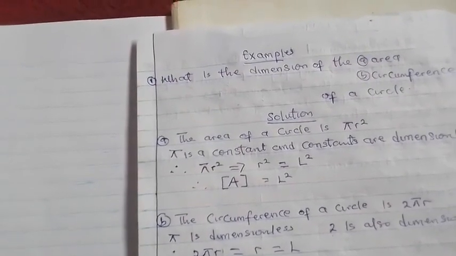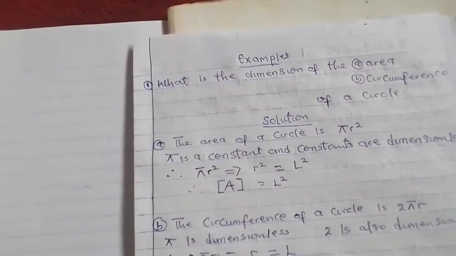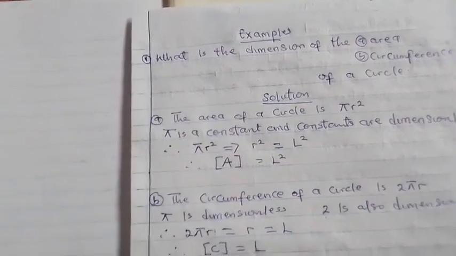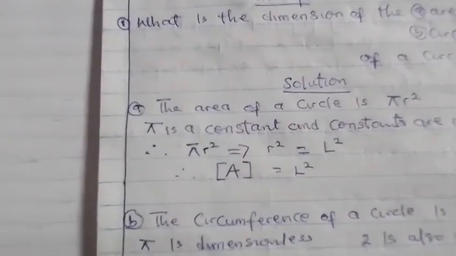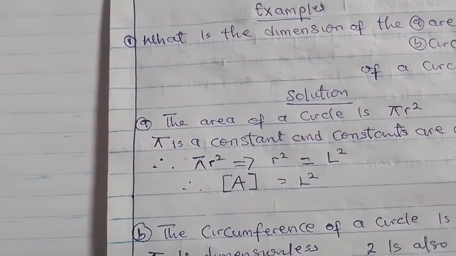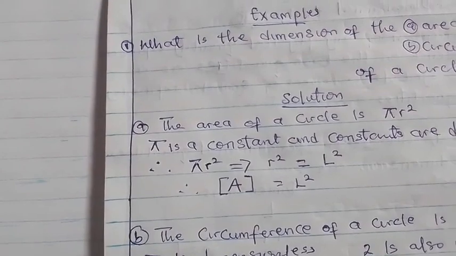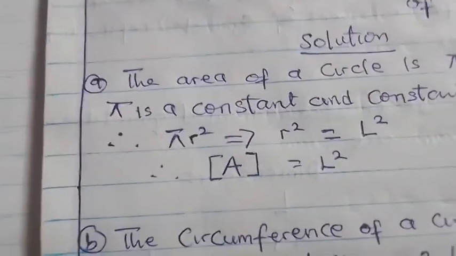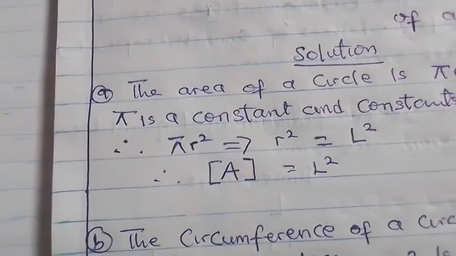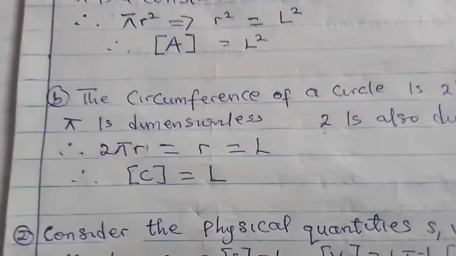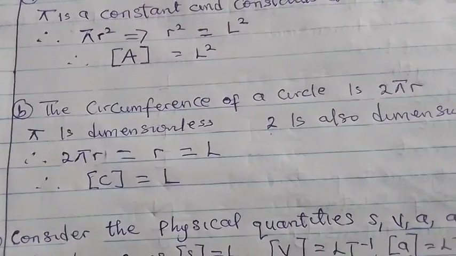So since it is dimensionless, we neglect it. We cannot find the dimension of it. So pi r square is reduced to r square, and r is radius, and radius is length. So r square equals L square, so the dimension of area is L square.